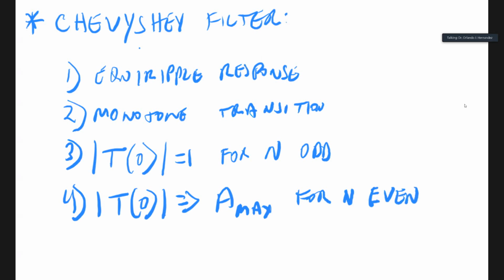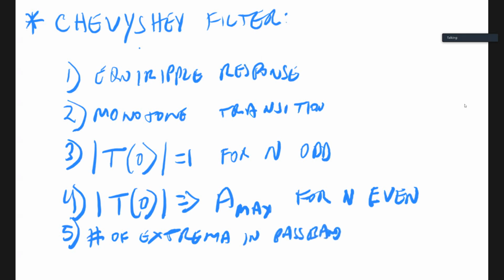And another one is that the number of extrema in the passband is equal to n.